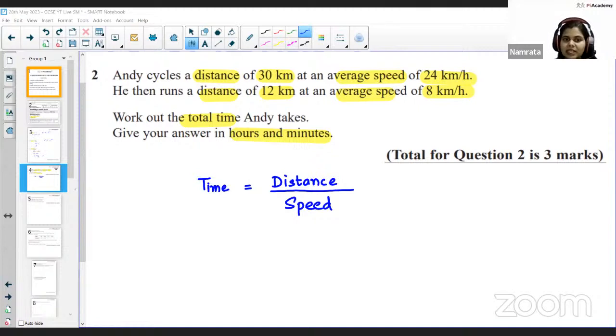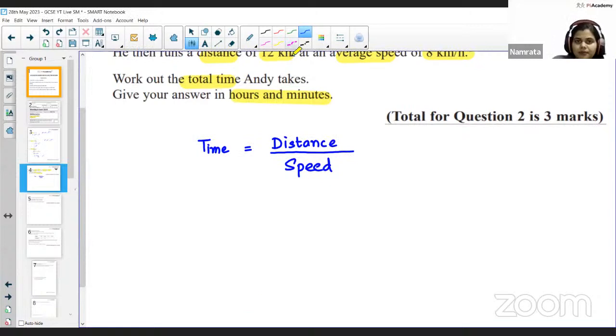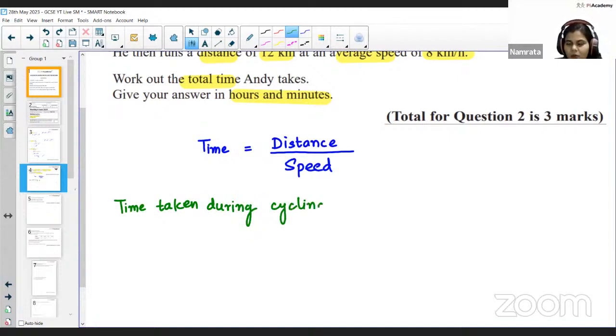So we'll take the time taken during cycling. Let me write this down. Time taken during cycling will be 30 kilometers over 24 kilometers per hour.